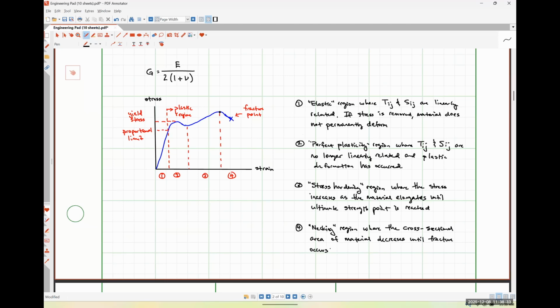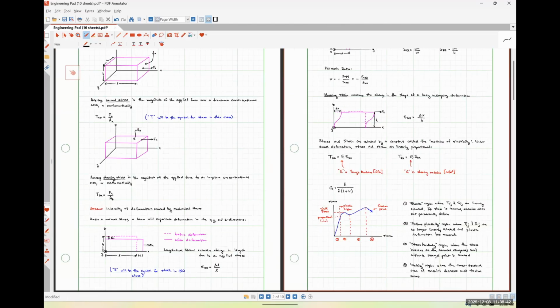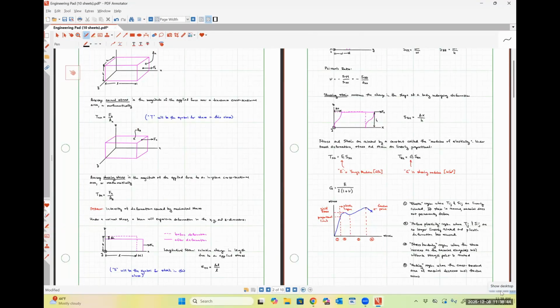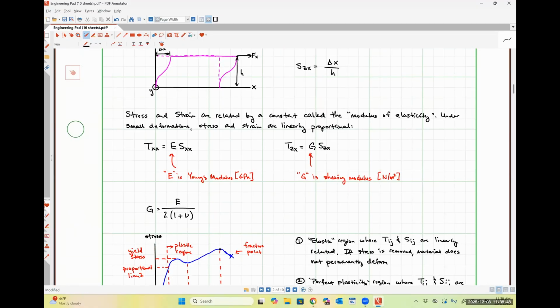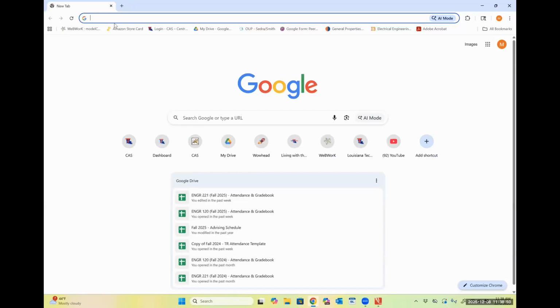It might be useful, and I feel like this probably was covered in statics, but I can find a Google image just real quick, to help you understand why it's called that. Let me go back to this thing real quick.